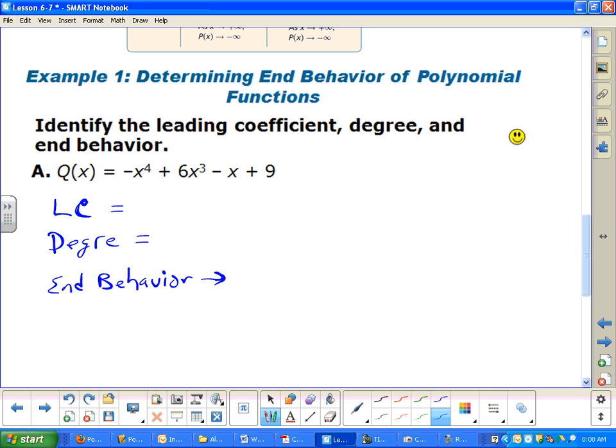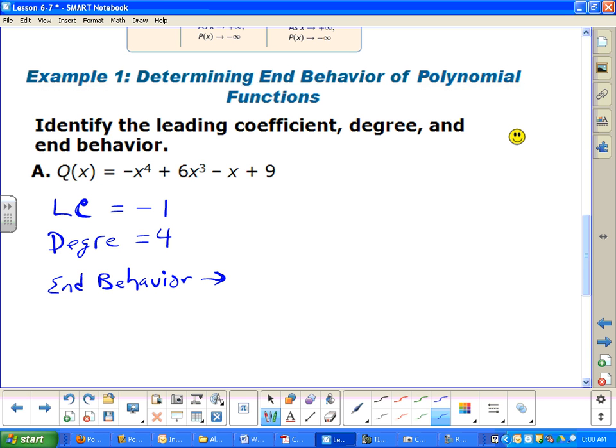All right, so what's the leading coefficient for this polynomial? Okay, -1. The number in front of the largest degree is -1. And the degree of this is 4. So we have a negative leading coefficient and an even degree.